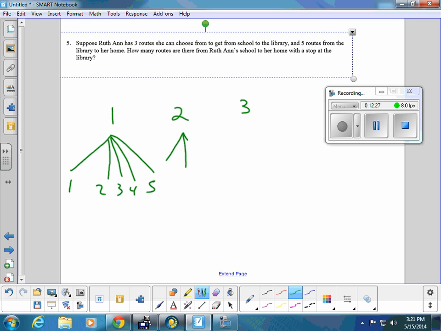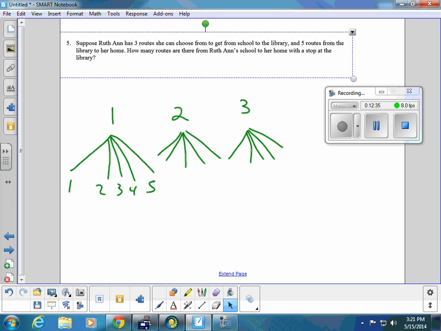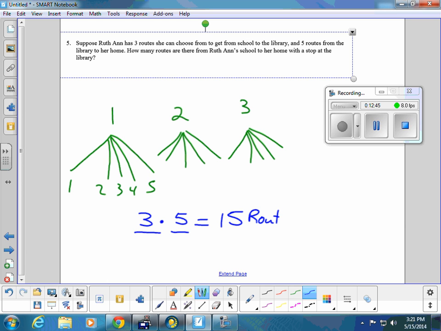Now you could draw that, or you could use the counting principle that we just saw and say, well, there's 3 routes to start, and then I can branch that off into 5 more for a total of 15 routes.